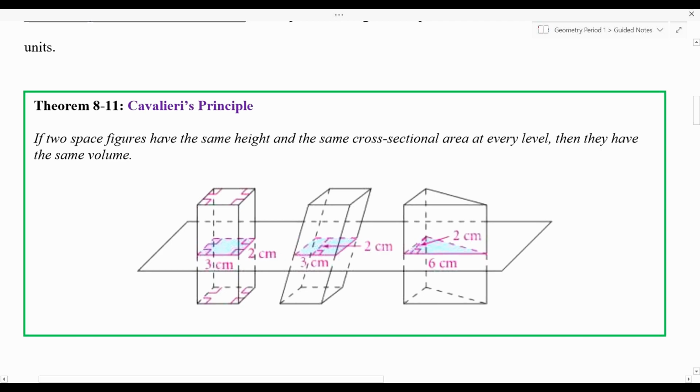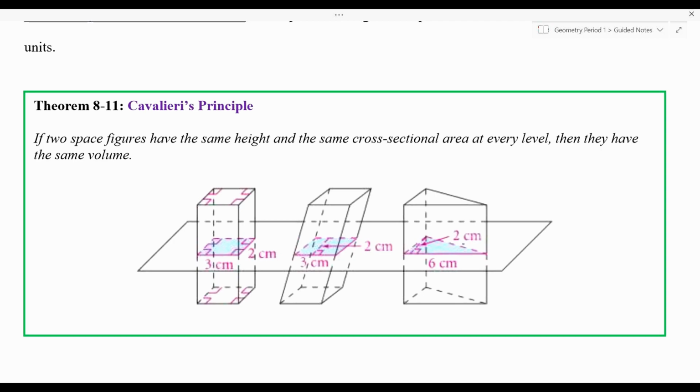Essentially it states that it doesn't matter if we have a right prism, an oblique prism like in the middle, or a triangular prism like on the far right side, as long as the cross-sectional area remains constant, then the prisms will have the same exact volume.